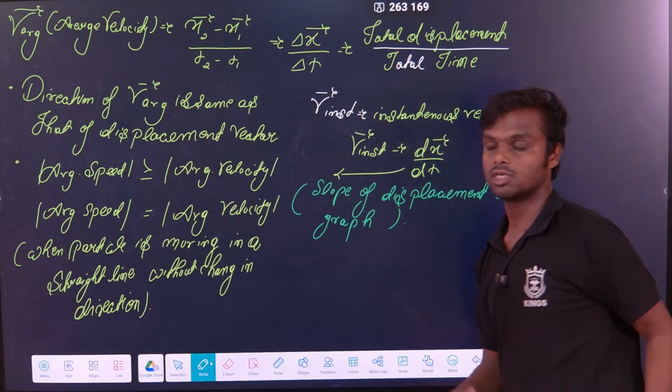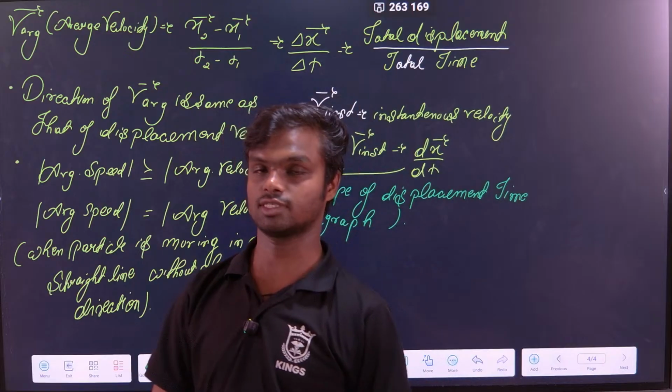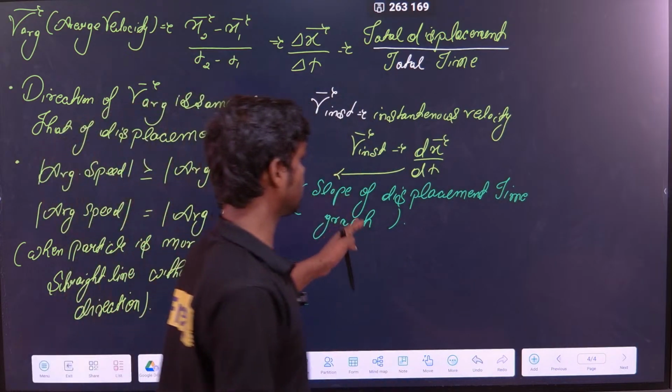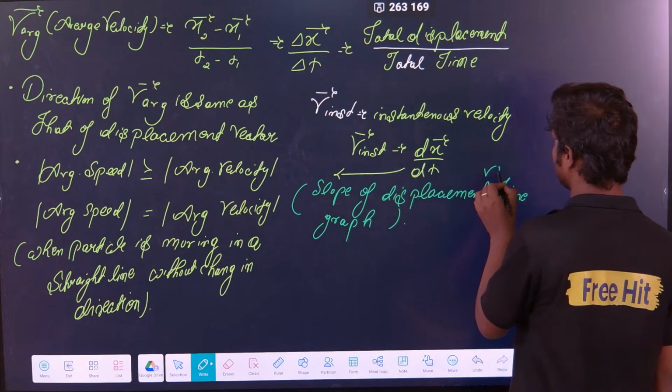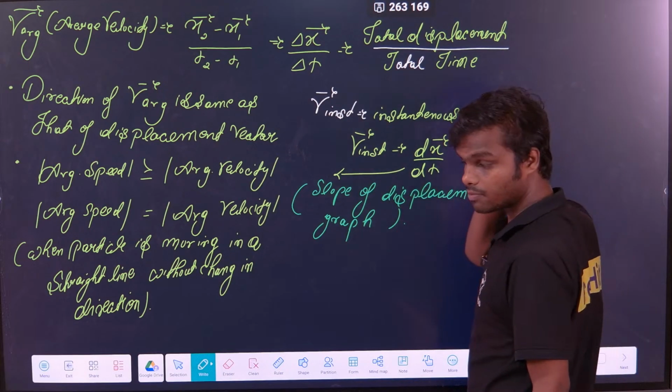As I told you, differentiation means the slope of the y versus x curve. So from here also we can say it is the slope of the displacement versus time curve. Clear?